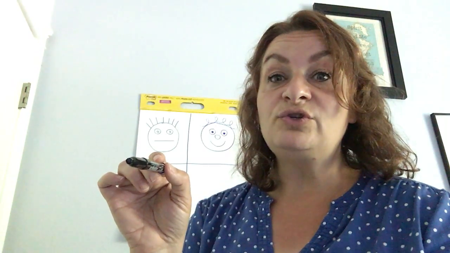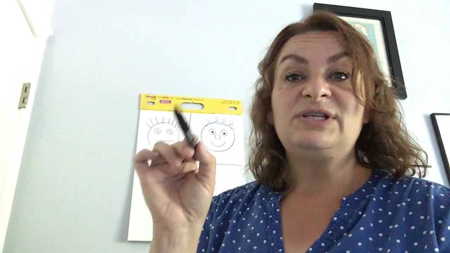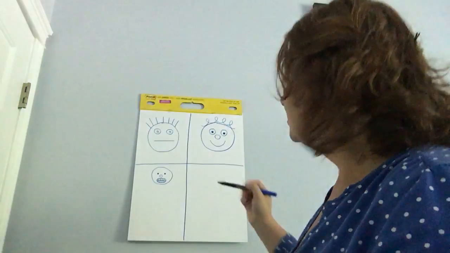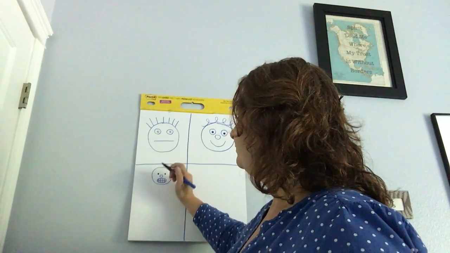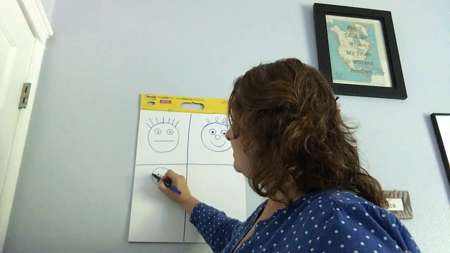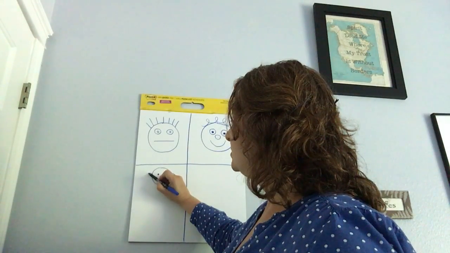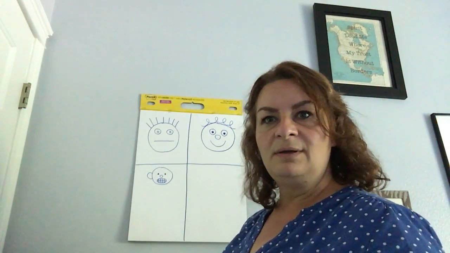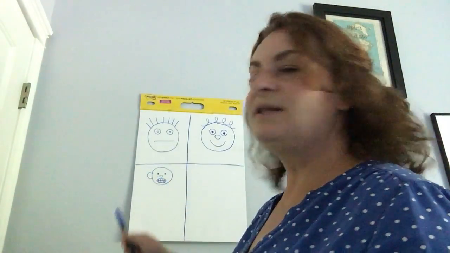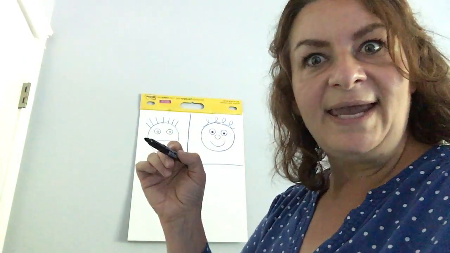So we're going to start at the top and we're going to go around, and this time it's not a full circle, so we're going to stop, which is kind of like an arch shape. So we're going to start in the middle right here, and I'm going to start at the top and go around and stop. Kind of like the letter C. The letter C has a curved line.